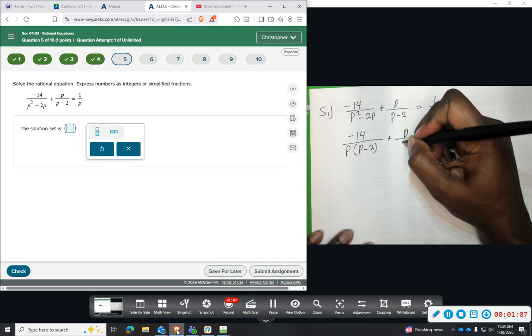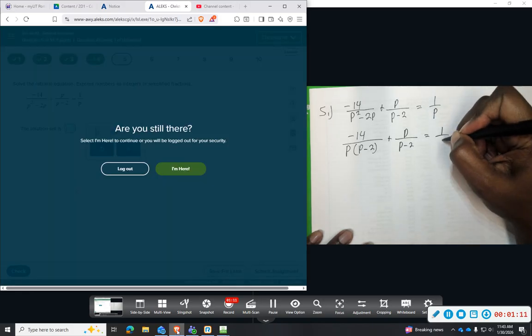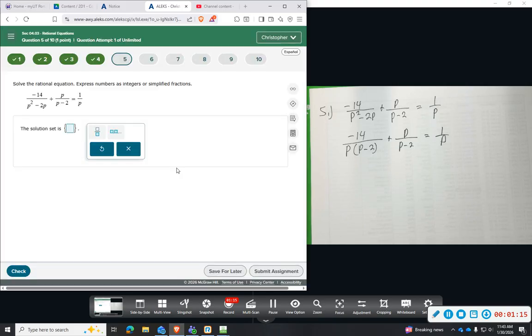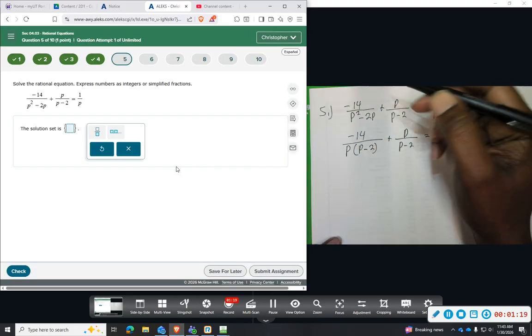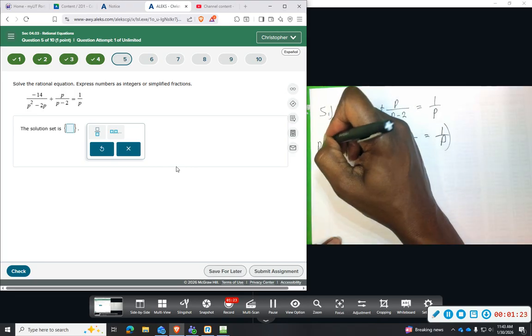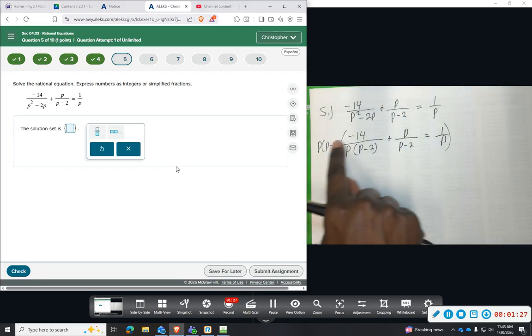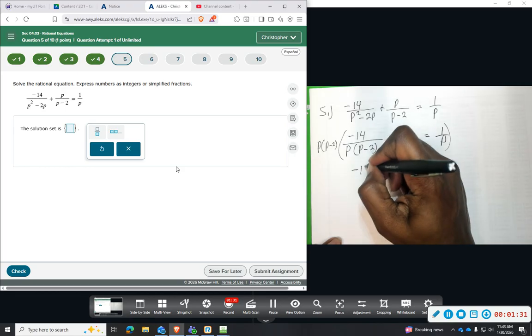So we're going to multiply the whole expression by the p times p minus 2. Alright, so when we do that, it cancels out the denominator here, leaving us with a negative 14.